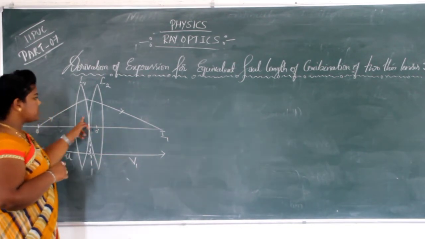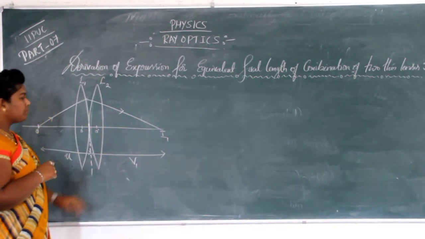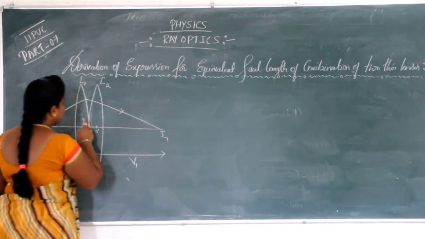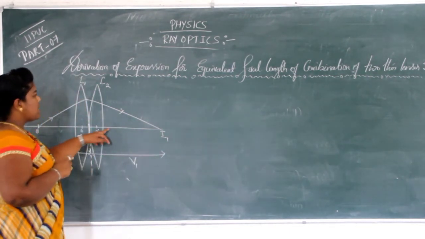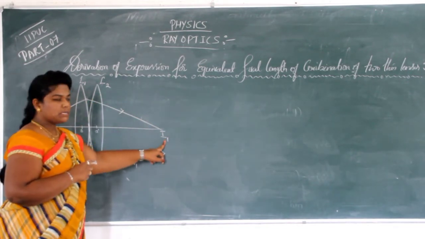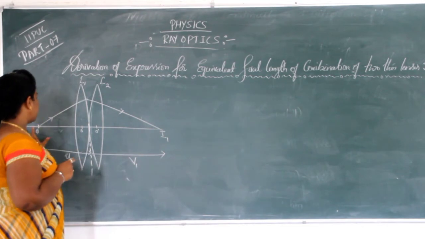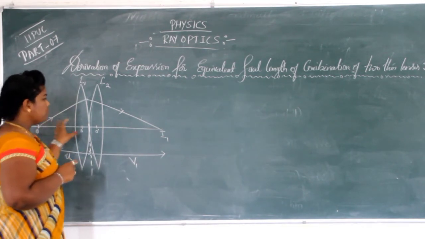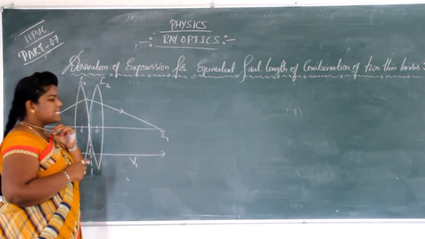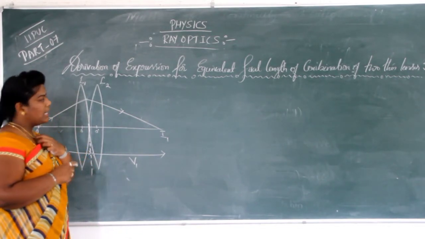V1 is the image distance for lens L1. Now, the image which was formed by the lens L1 acts as a virtual object for lens L2. Why am I calling this a virtual object? Because the virtual object is here, whereas I am using I1 as an object for the lens L2. It means I1 is acting as a virtual object.